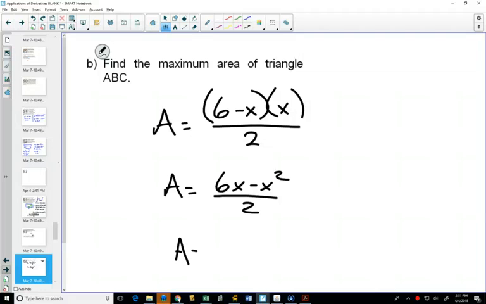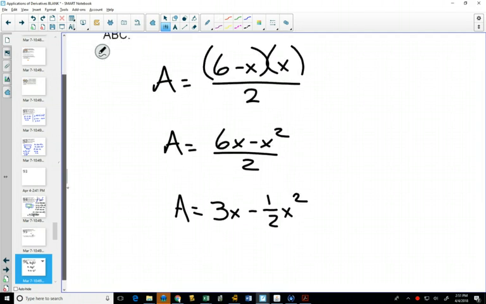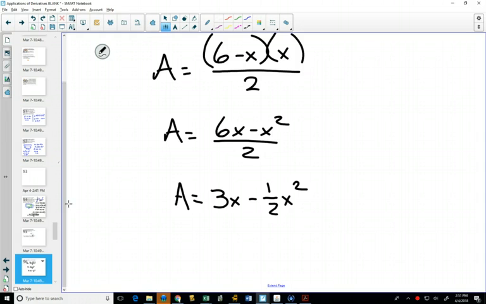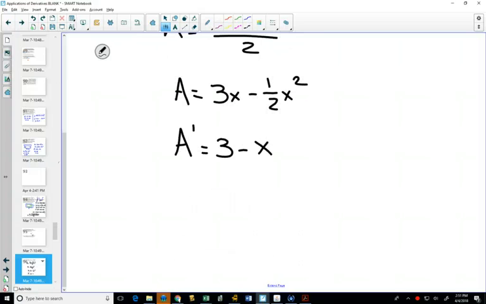Which is the same as 3x minus 1/2 x squared. See how I undid adding fractions? Good job. Okay. And now we can find our derivative, set it equal to 0.